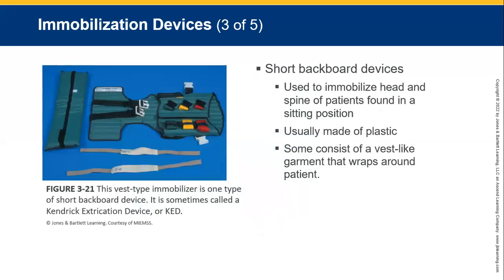A KED, or Kendrick extrication device, is like a giant pad, secure and rigid, with the white straps, buckles fitting through under the patient's legs, and each colored strap put together and pulled tight individually. The head is also secured with the chin strap and the head strap, and it has handles.